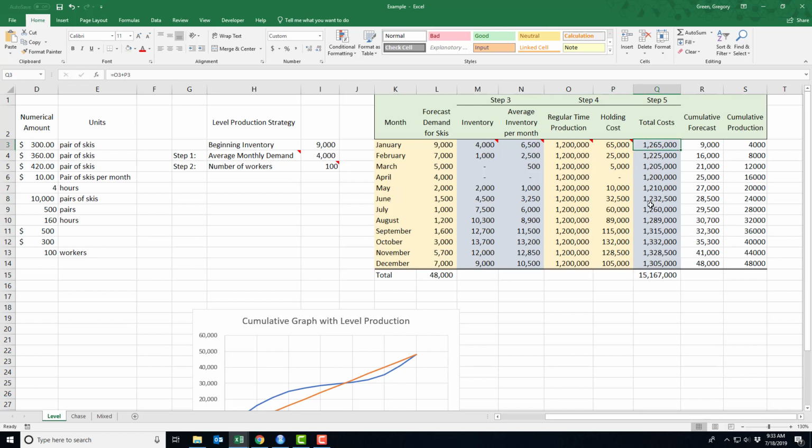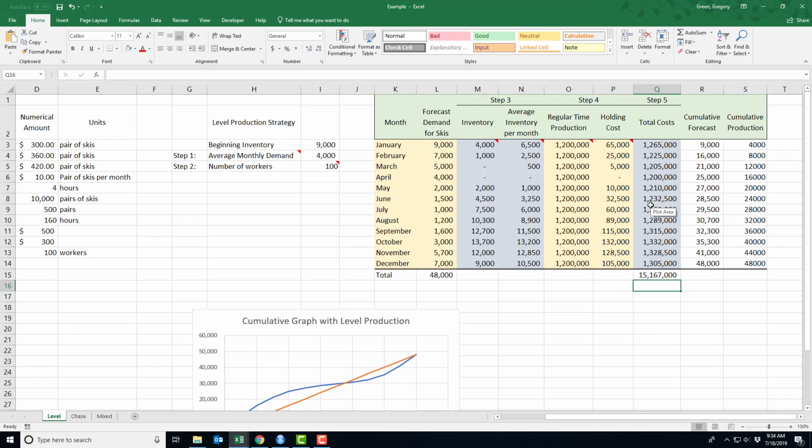Now total cost, step 5, is fairly easy. I just have the total cost per month. So I'm adding up the labor cost and the holding cost on my inventory. So that's all this column is. And then ultimately, I'm interested in the sum of those costs. So the cost of this level production process, $15,167,000.